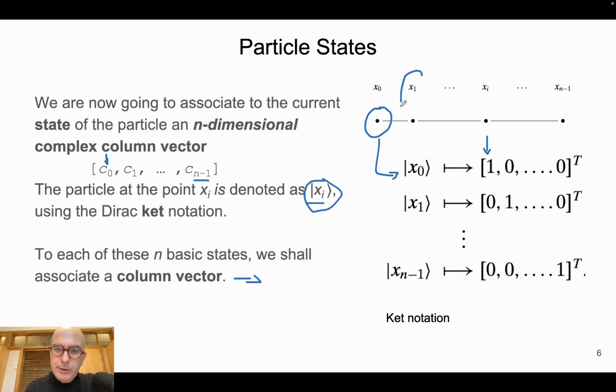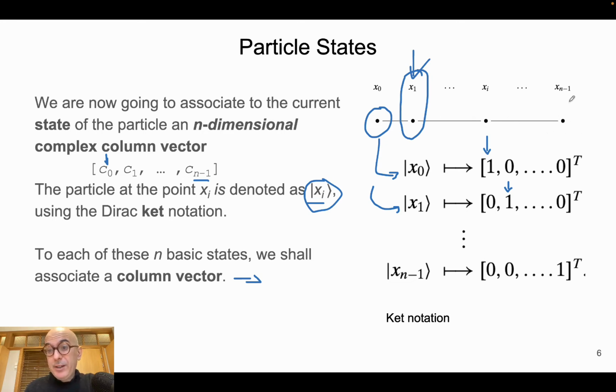If our particle is in the position x1, then we will be in the state ket x1, that can be easily expressed as a column vector where we have a 1 on the second position corresponding to x1.